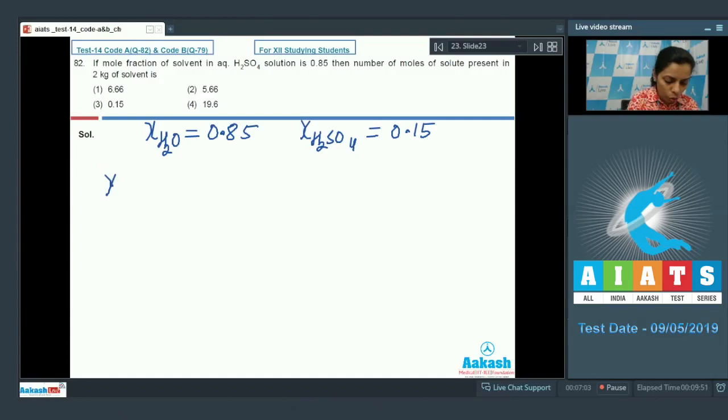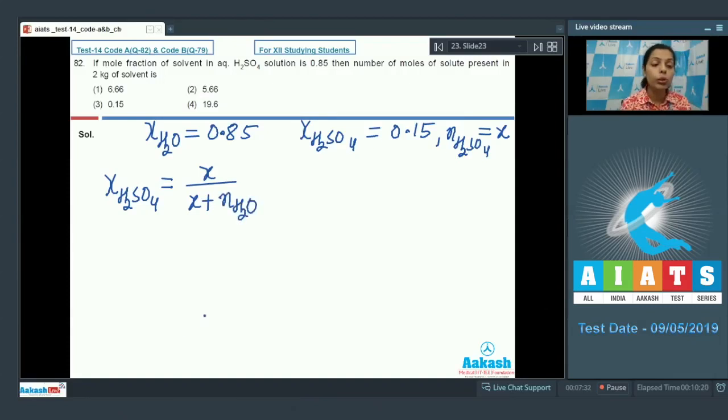And one more thing. Mole fraction of H2SO4 should be equal to moles of H2SO4 divided by the total number of moles of the solution. So in this case, let's assume that the moles of H2SO4, n of H2SO4, I'm assuming is x. So it would be equal to x upon x plus moles of water. So n of H2O I can write here. Now moles of water we can find out with the help of the given amount of solvent, that is water basically.